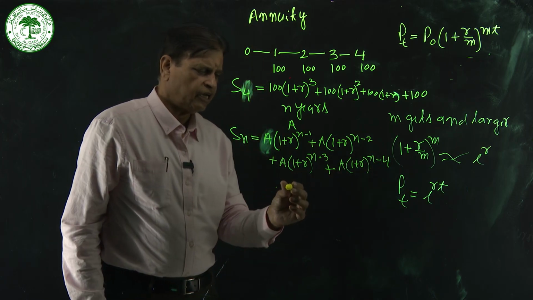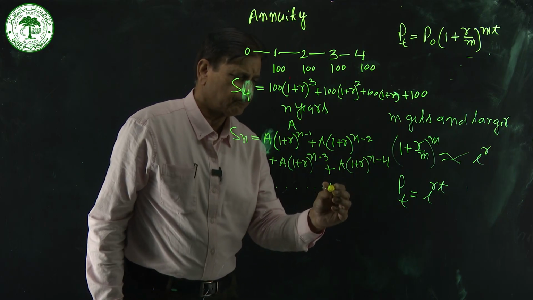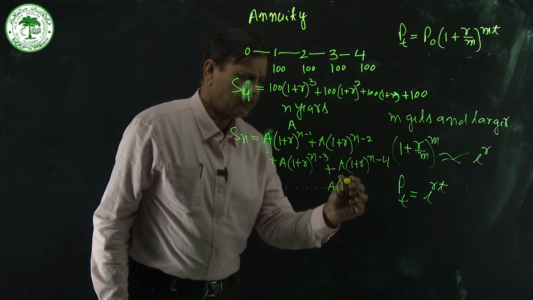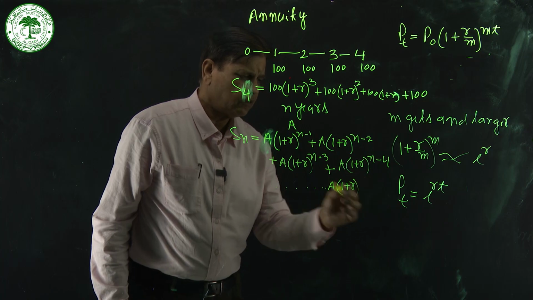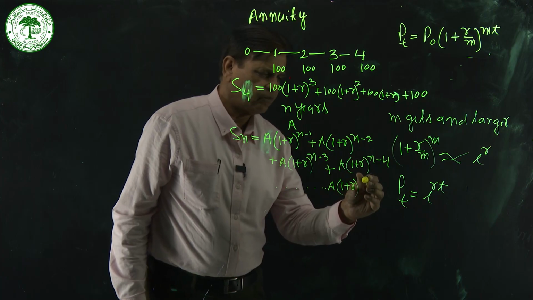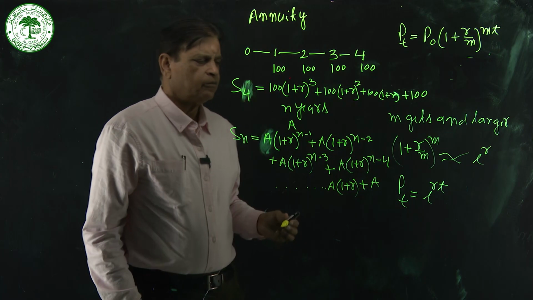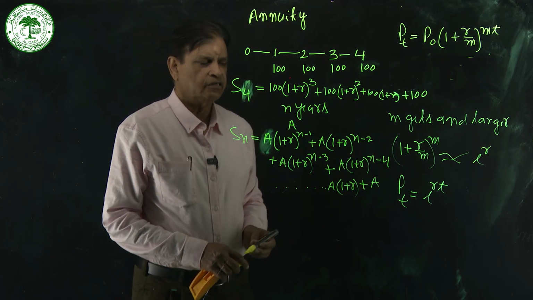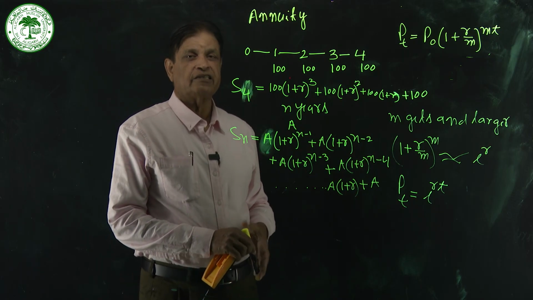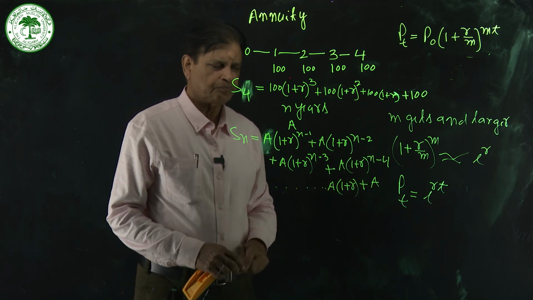And likewise, the item just before the last one will be A(1 plus R), and we will have at the end A, because the money that we deposit in the nth year, that is the last year, will not get any interest, so that is A.